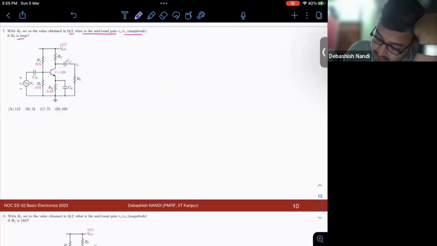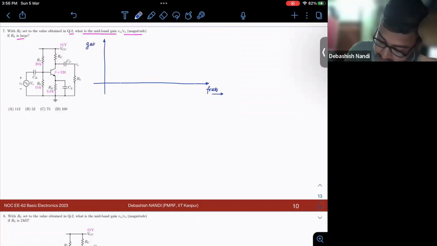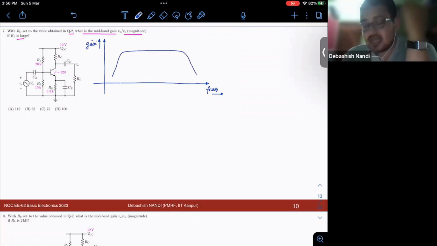First thing, if you see the gain versus frequency plot, let's say this is frequency, let's say this is gain. You would see this kind of characteristics, right?